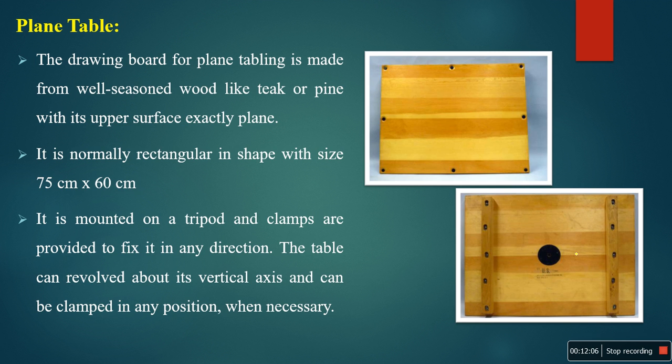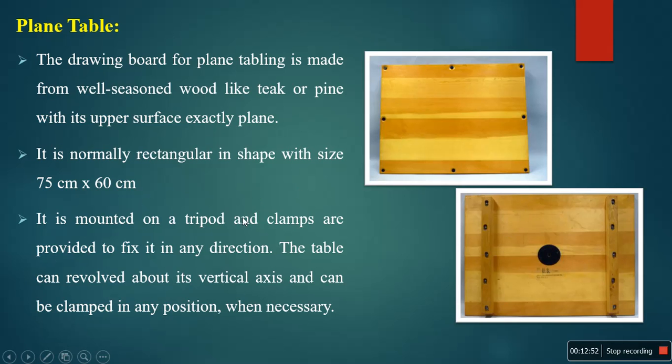If you loosen the clamp, you can easily rotate the plane table on the tripod leg. This helps in orienting, meaning you make the previous drawings align with the north line. That's why it revolves or rotates in the vertical direction.